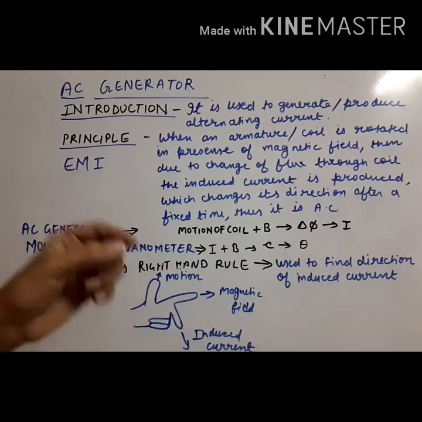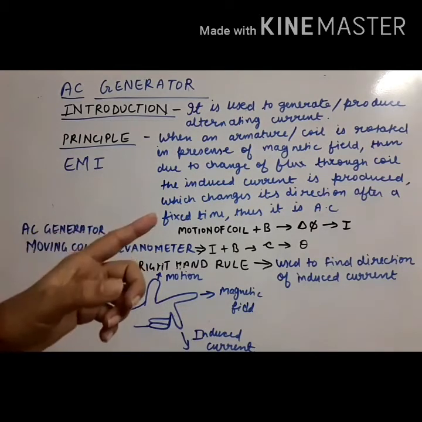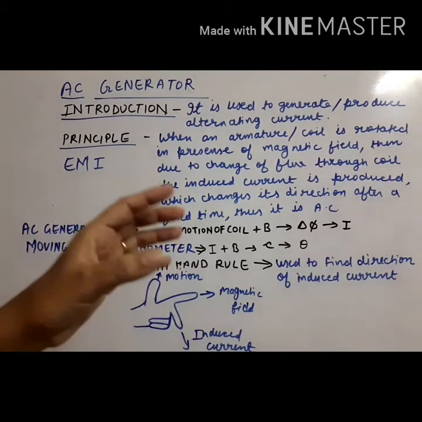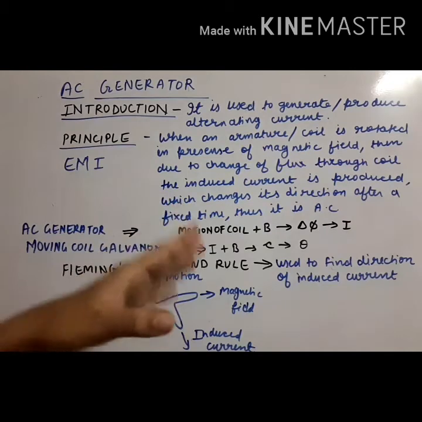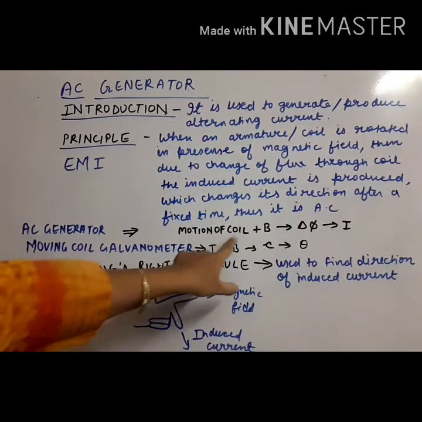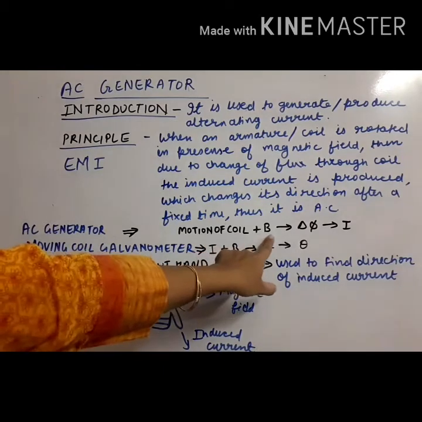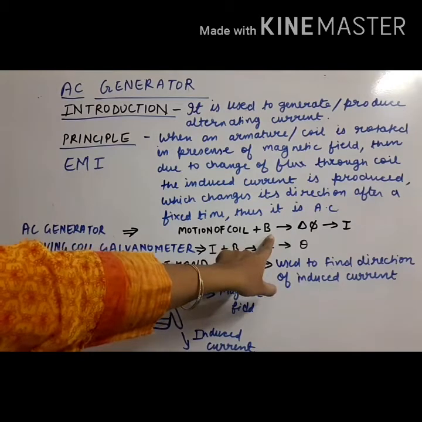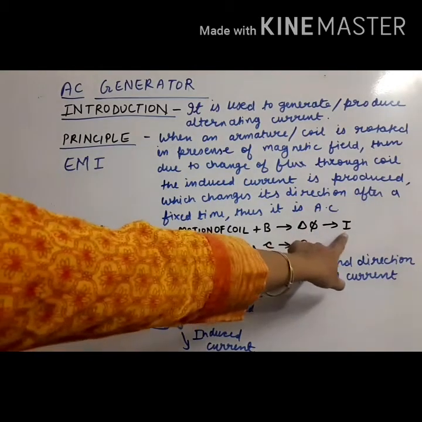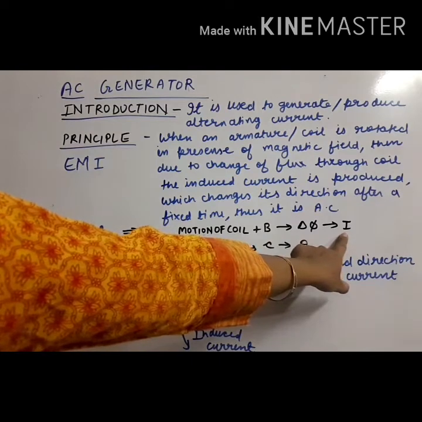So we have to prepare a reason so that the change of magnetic flux takes place. For that we need motion of coil in presence of magnetic field B, so that the change of magnetic flux takes place, and that's why the induced current is produced.